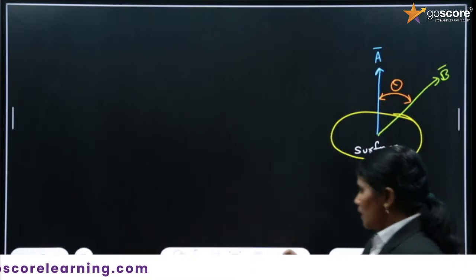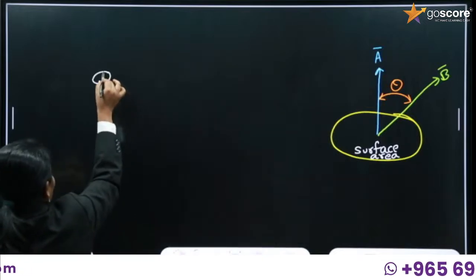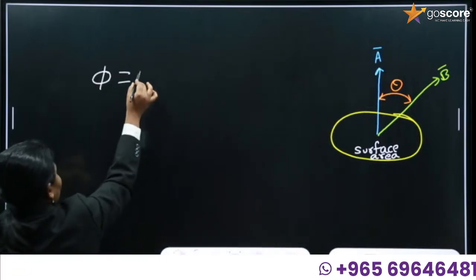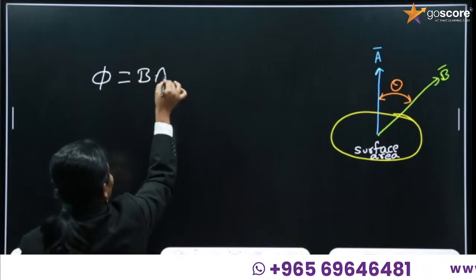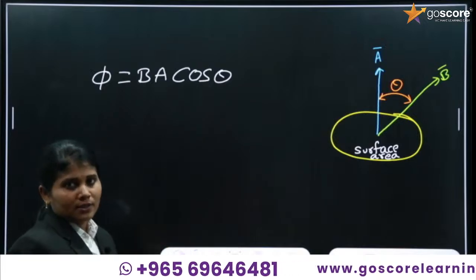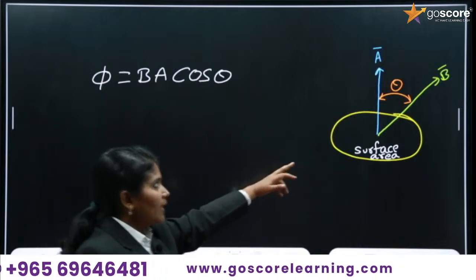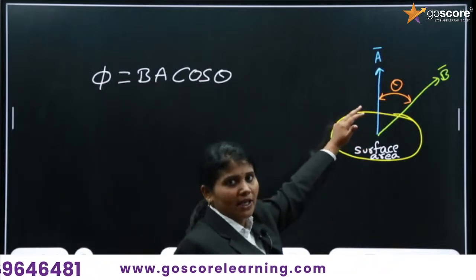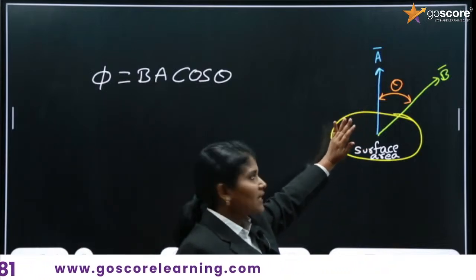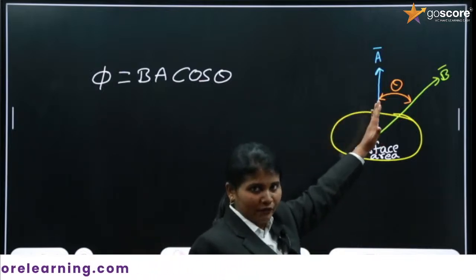Then what is the dot product of the flux? Flux is equal to B into A cos theta. This is the dot product of the flux. Here, the area vector is always perpendicular to the surface area, and the magnetic field lines pass through the surface area.